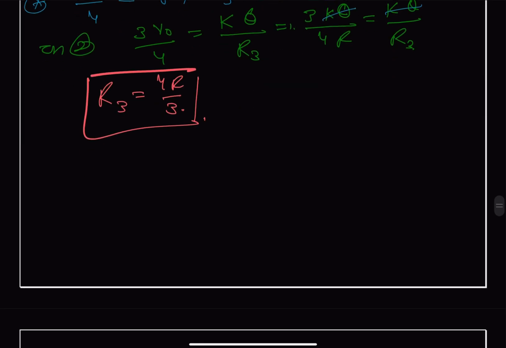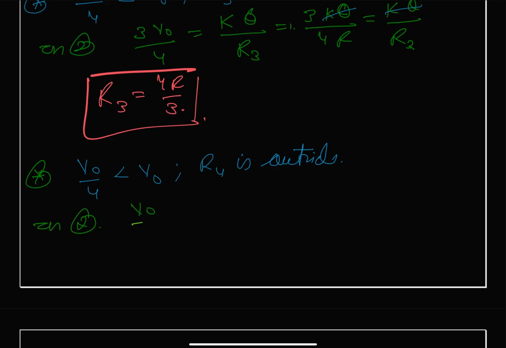Finally, for the last part, that is for R4, we are given V0 by 4, which is obviously less than V0, so therefore R4 is outside. And using equation 2, we get V0 by 4 is equal to KQ upon R4.